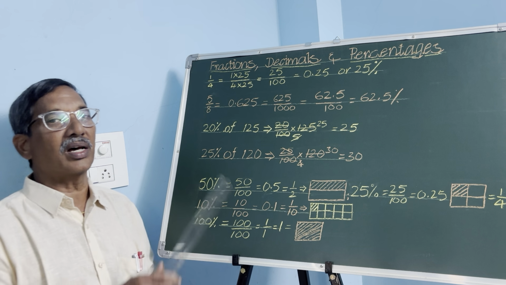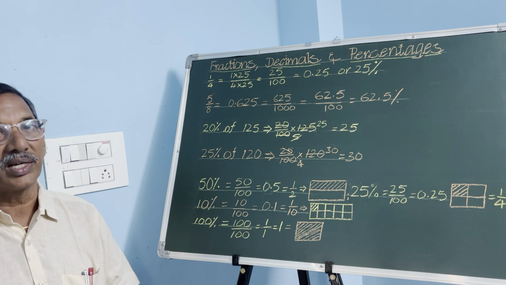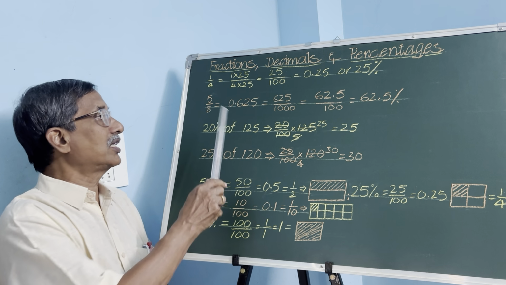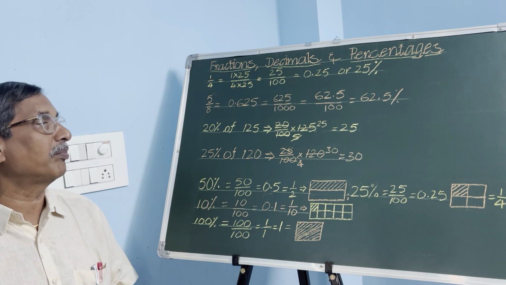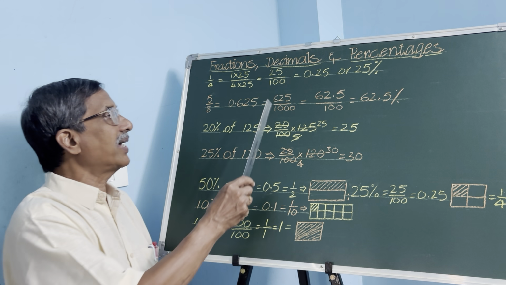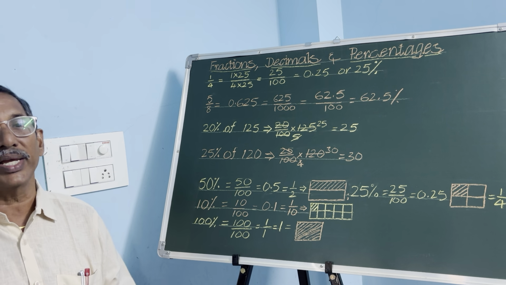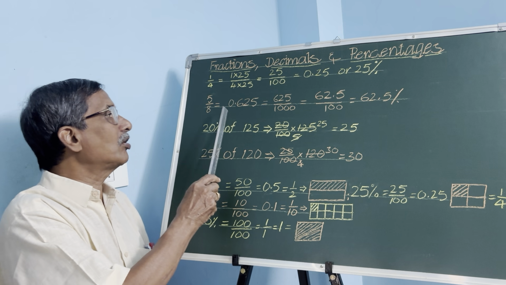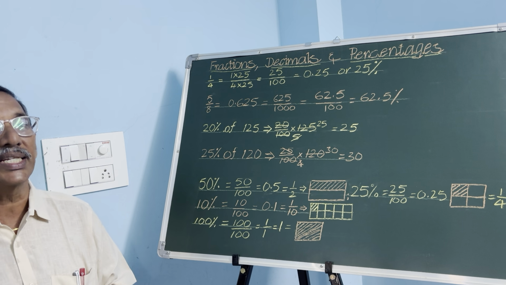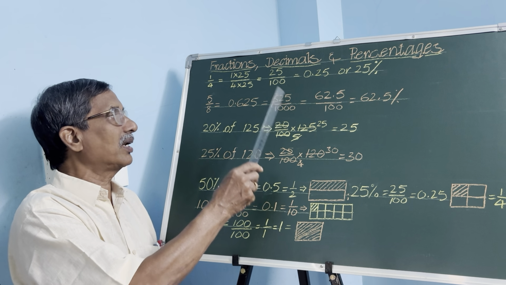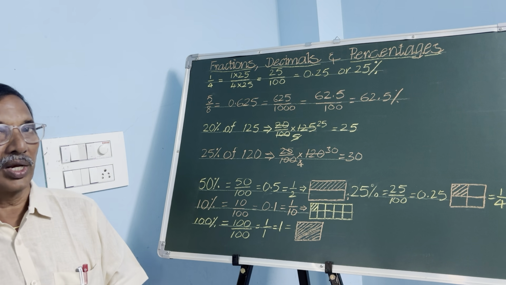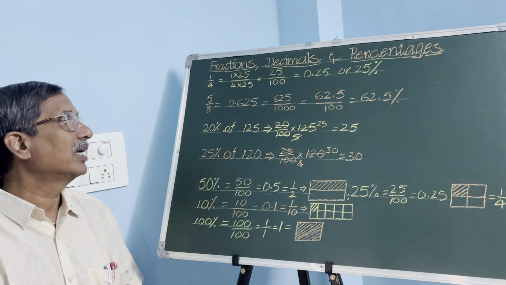If we convert 5 by 8 into a decimal fraction, we get 0.625. 0.625 can be written as a normal fraction as 625 by 1000. Since 0.625 has 3 decimal places, we write 3 zeros after 1 in the denominator and make the numerator a whole number: 625 by 1000.